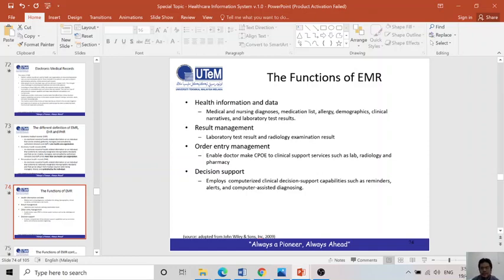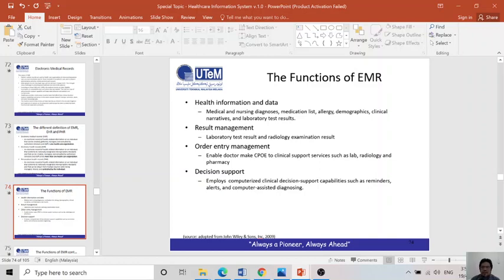This is the second function of the EMR, to manage results. For any test done in radiology or laboratory, the result must be recorded, because the result is important information for the doctor to diagnose a certain problem of the patient.